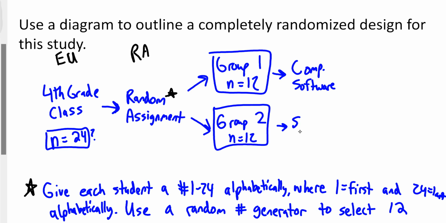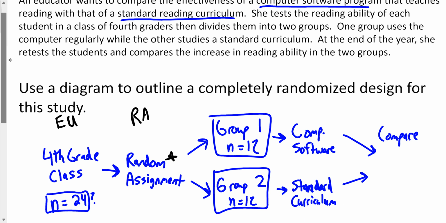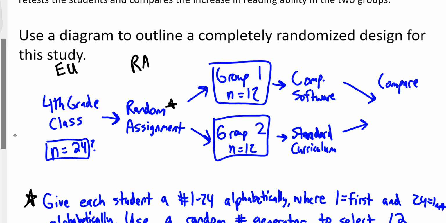And the second one gets the standard curriculum. Once we're done, what are we going to do with those things? We want to compare what happened. So what we're looking for is going to probably be in the situation. We want, at the end of the year, she retests the students and compares the increase in reading ability. So we're going to compare increase in reading ability.